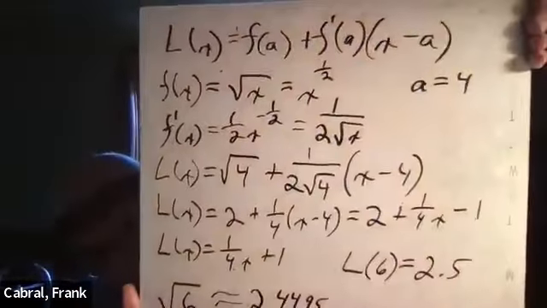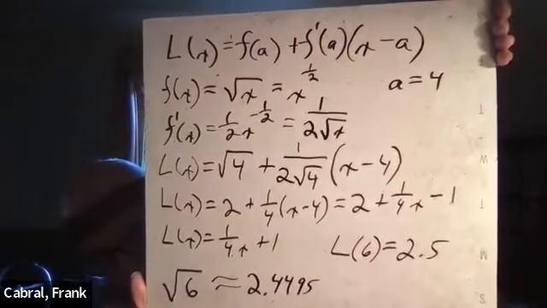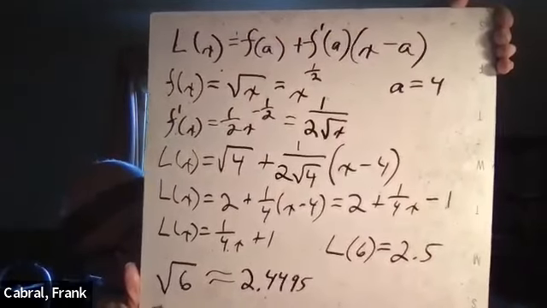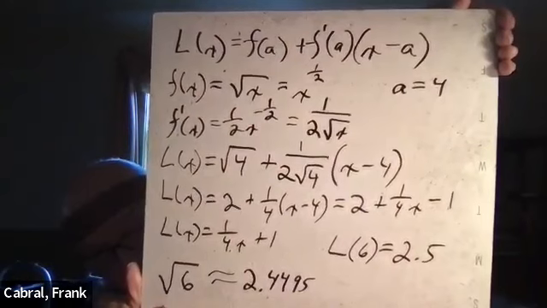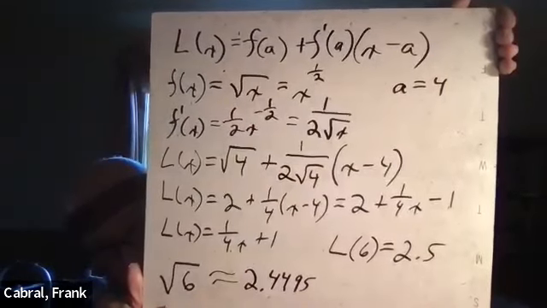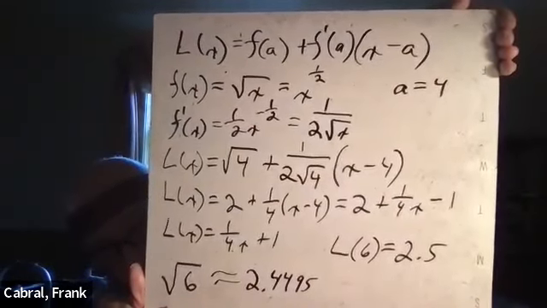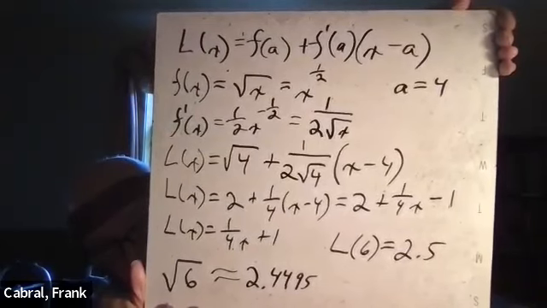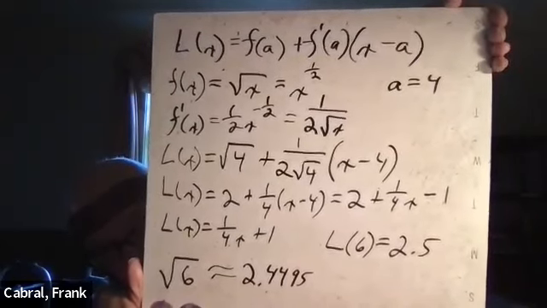So this means that I'm within about 56 hundredths of the actual value, okay? So this is how a tangent line can be used to approximate the value of a curve.